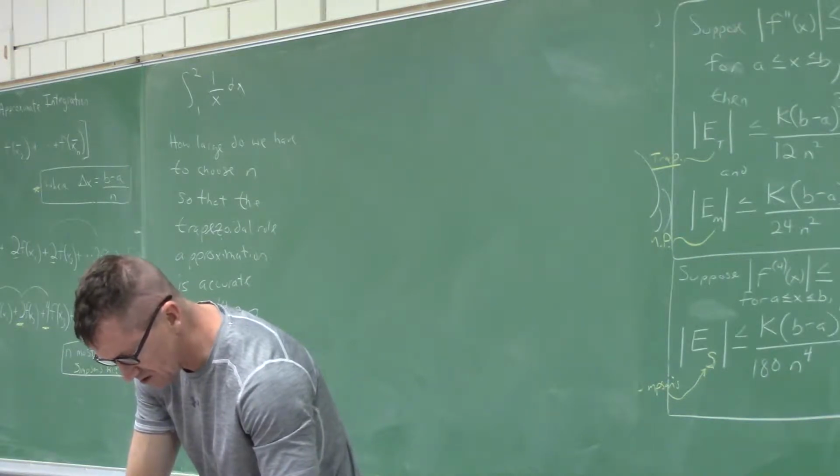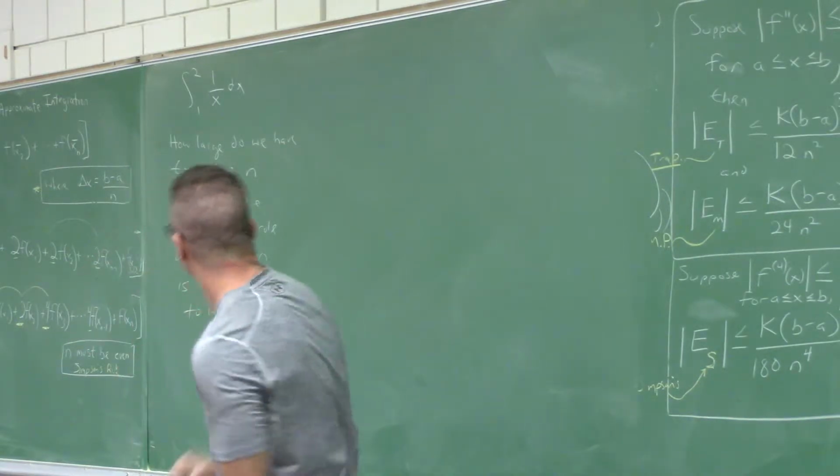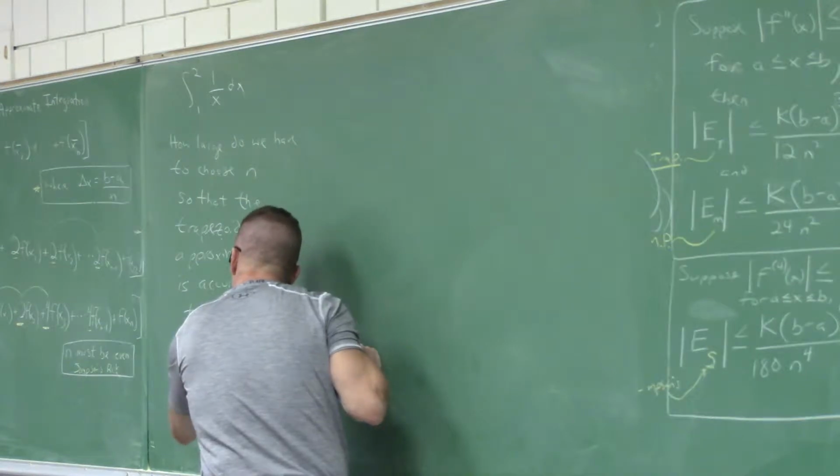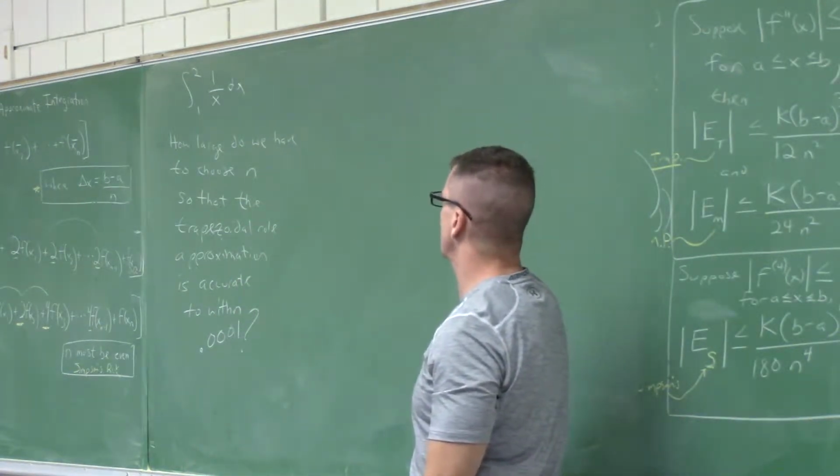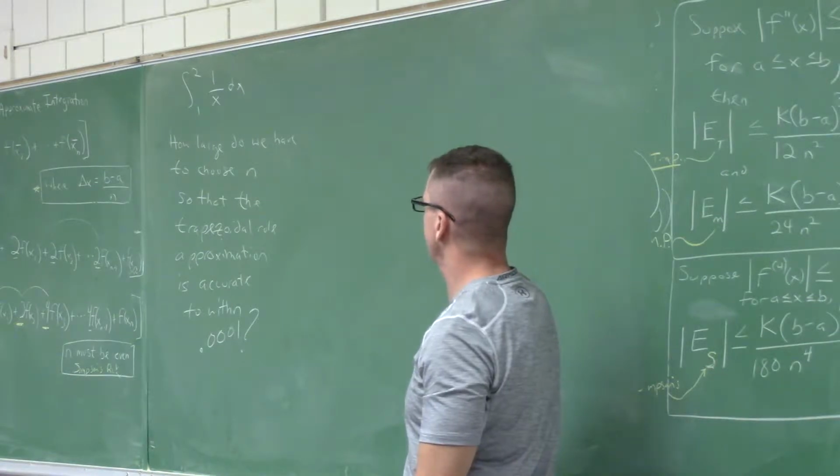Someone can use 0.0001. That will give it a few more subdivisions.